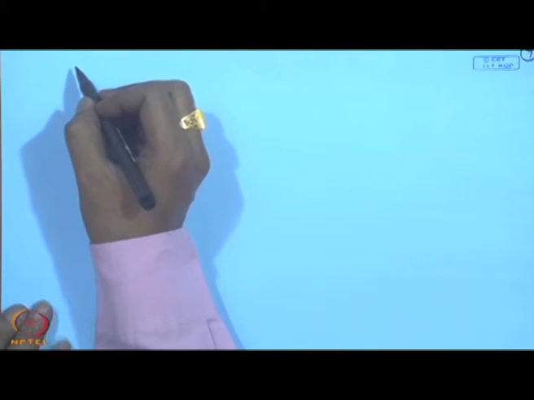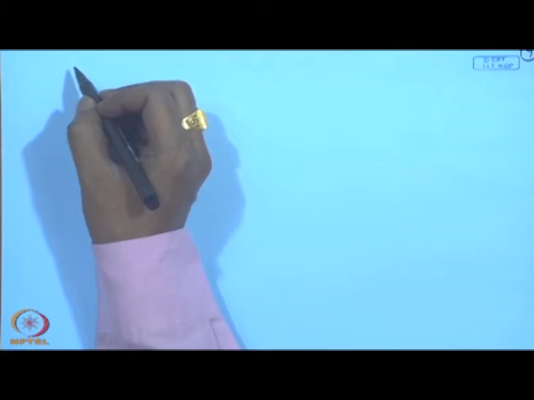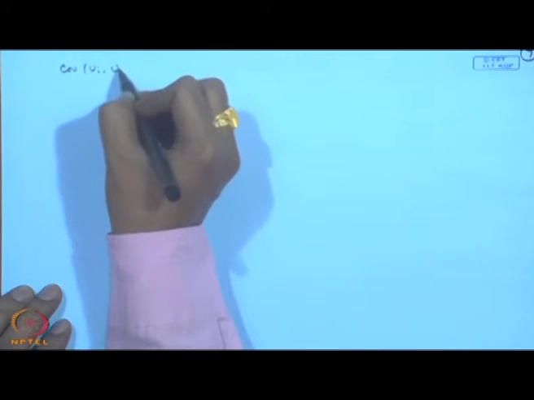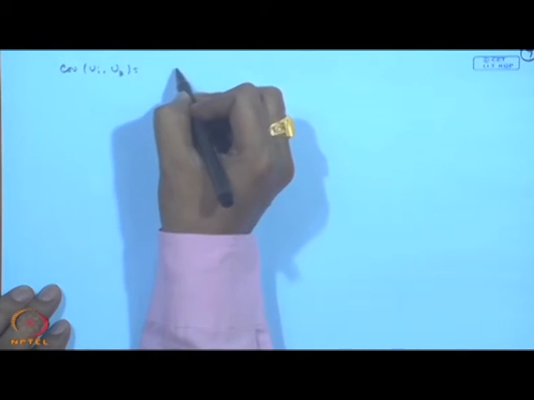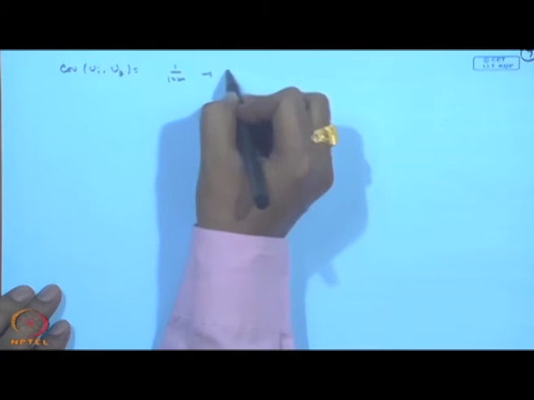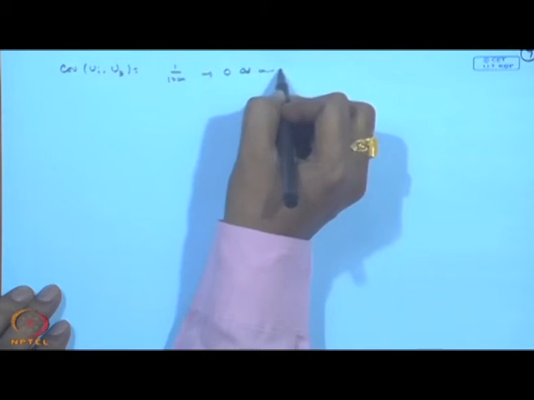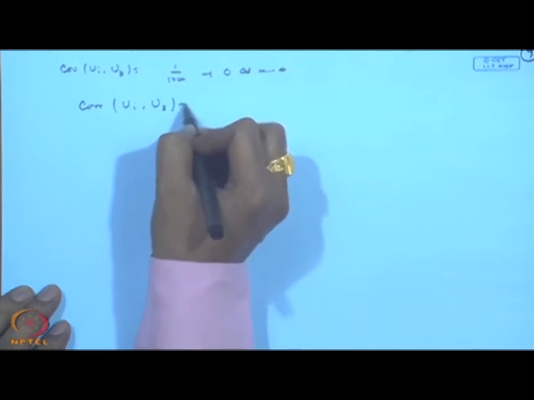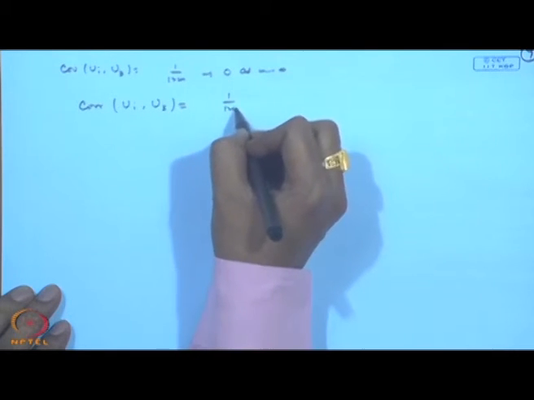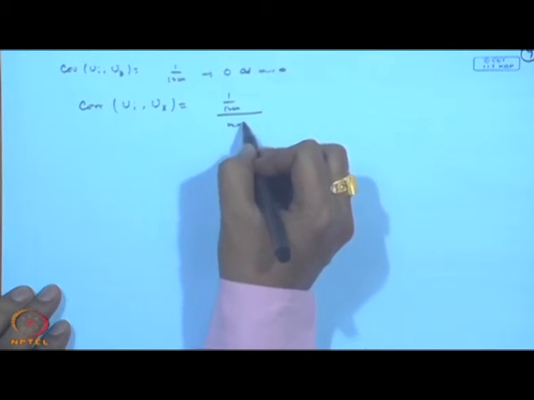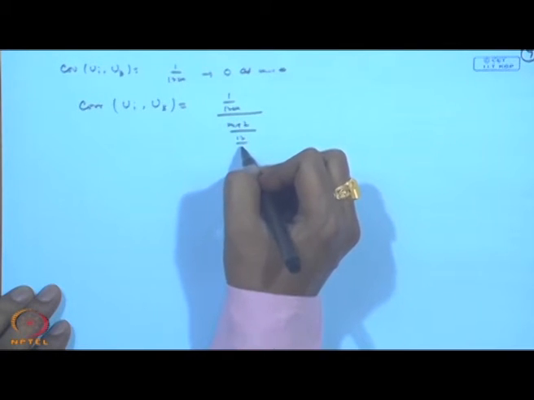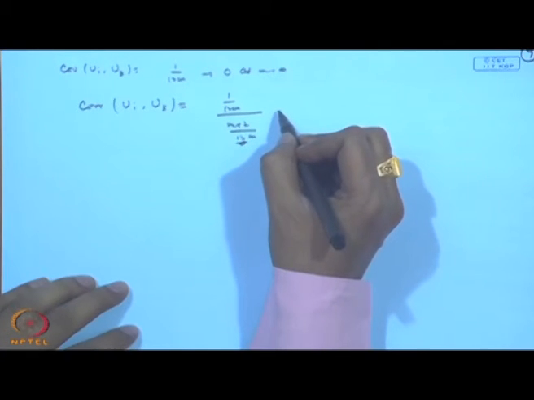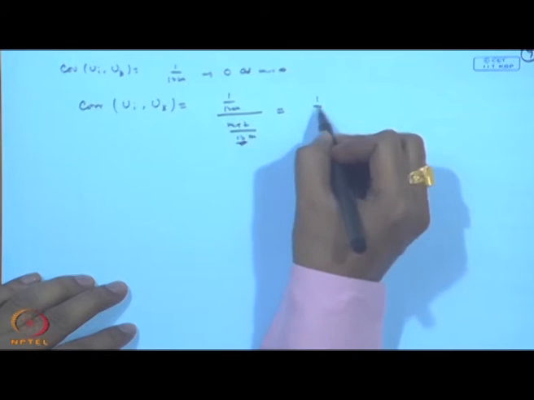So if I consider the covariance between u_i and u_k, that will be equal to 1 by 12m, which actually goes to 0 as m tends to infinity. And if I look at the correlation between u_i and u_k, then that is equal to 1 by 12m divided by (m plus 2) by 12m, and this term is equal to 1 by (m plus 2).